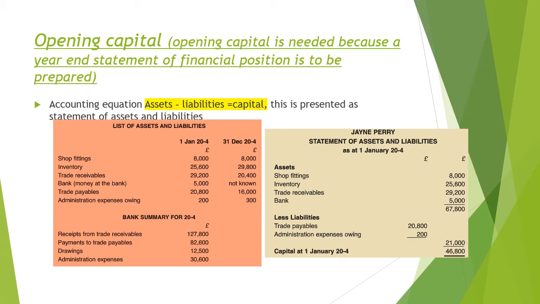Now if you take the liabilities out of it, you will find the capital figure according to the accounting equation. So here we have two liabilities: trade payables and administration expenses owing £200. When we add these two, it's £21,000. So total assets are £67,800. When we take £21,000, which are your liabilities, out of it, the remaining amount is £46,800.